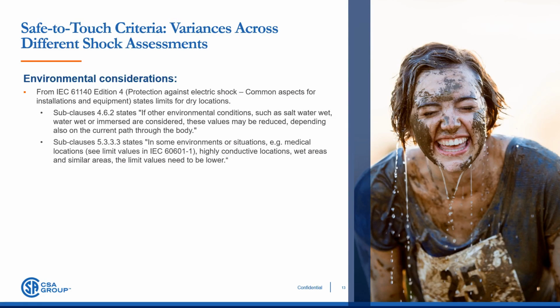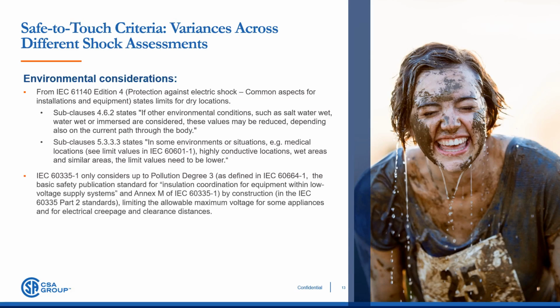The IEC 60335 series introduces requirements for environmental conditions by limiting the allowed maximum voltage in specific appliances as a constructional requirement in the applicable Part 2s, and increasing the minimum acceptable creepage and clearance distance across electrical insulation in areas that are likely to be subjected to high contamination, up to pollution degree 3.